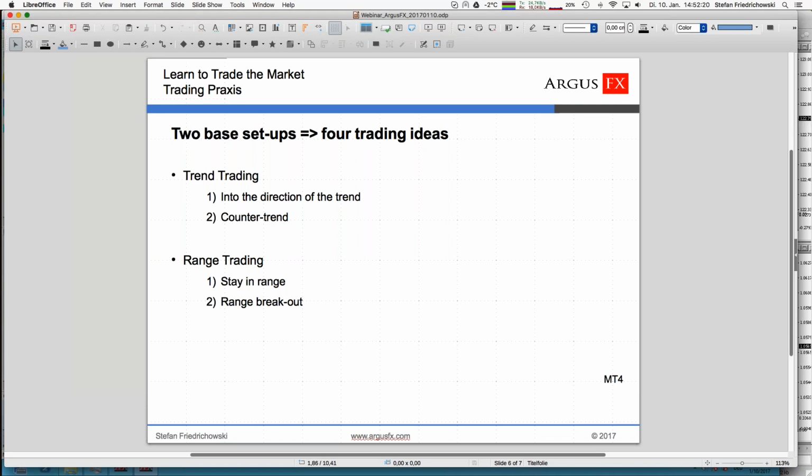The other base setup is built by ranges, and we will see those kind of ranges within our charts. And now we have once again 2 possibilities of how to trade those ranges. One is that the price sticks and will stay within the range, and the other one is that we will break out of that range.